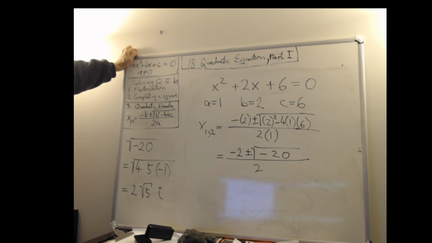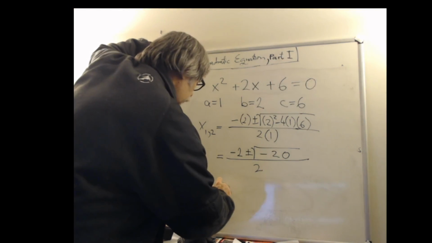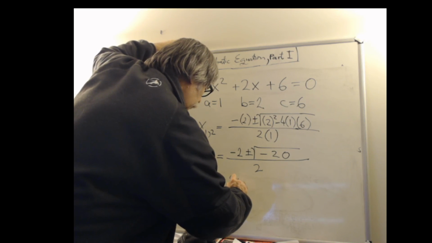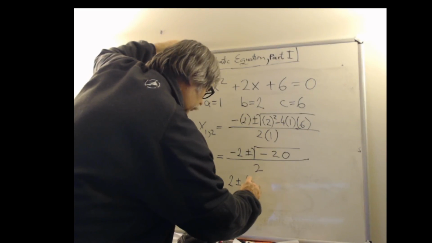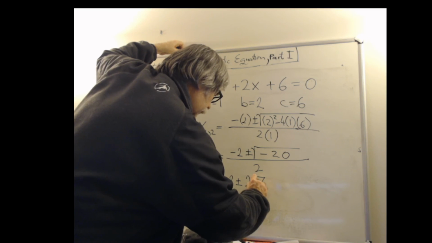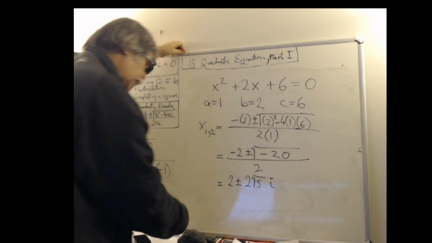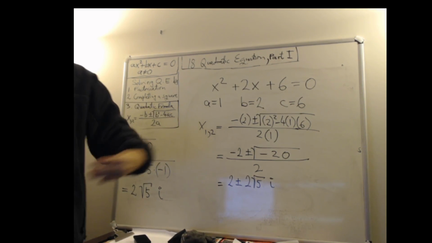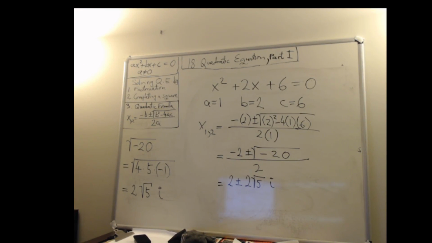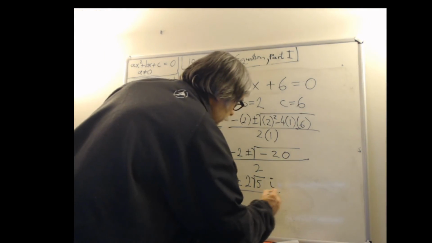So now you have it. Continuing this, I have 2 plus minus 2 radical 5 i. I don't have to have that much of an umbrella here. Let's put it this way. I just want to close this radical sign because I don't want you to think i is under the radical. Just the 5 is there. And then I have 2 downstairs.